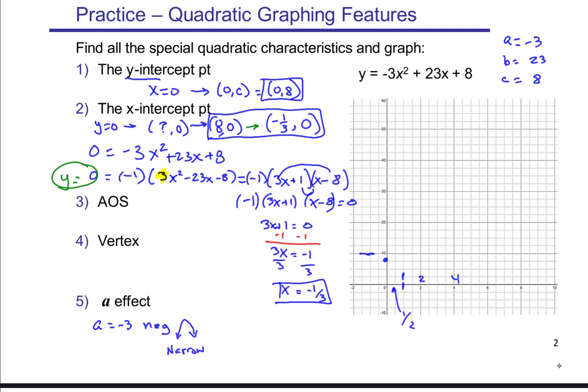So the scale on the x-axis is counting by 1/2. But that's a little bit more obvious than the y-axis, especially because we can see 8 right over here. We got 8. Now, we do have one more intercept point. It is this one here. It says negative 1/3. Where is negative 1/3? Well, it's smaller than a half.